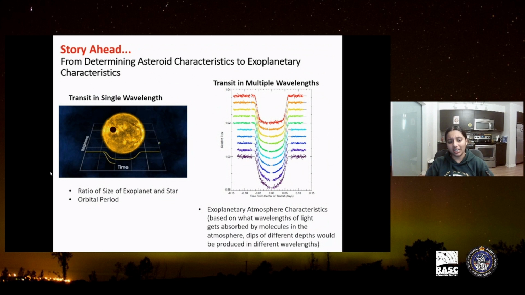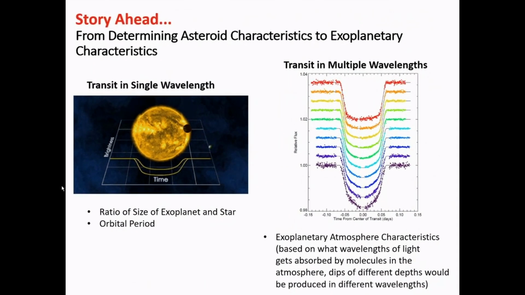But it gets more interesting because these exoplanets also have atmospheres, and these atmospheres react differently in different wavelengths. For some wavelengths, it absorbs light, and in some wavelengths, it reflects light. So by measuring these exoplanetary transits in different wavelengths or different filters, you should be able to observe different dips in brightness.